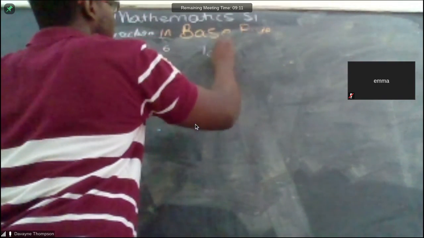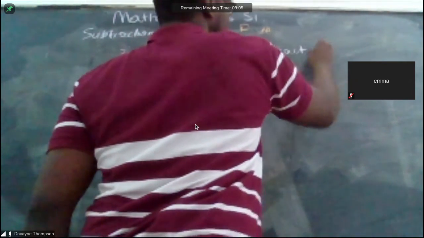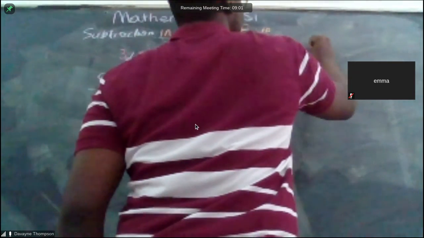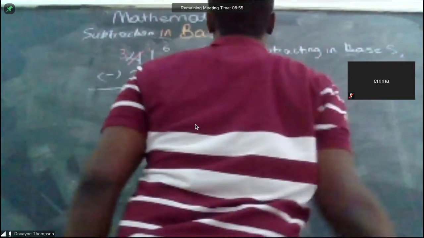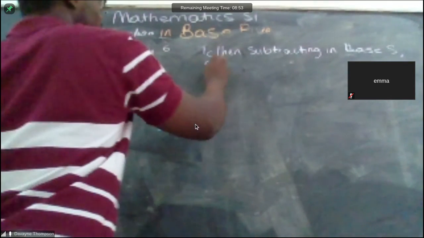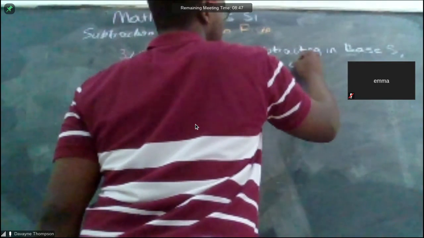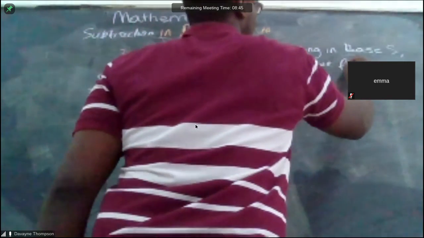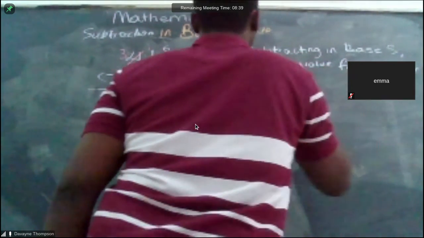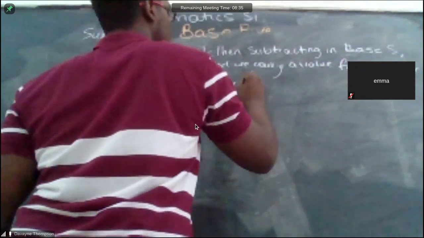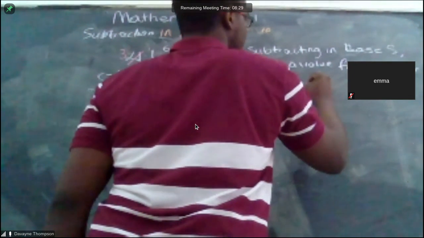Okay? When subtracting in base 5, comma, and we carry a value from another column, comma, it represents 5.